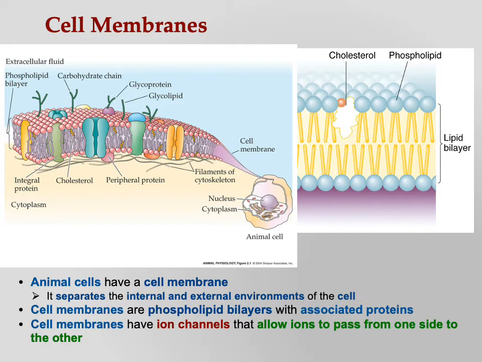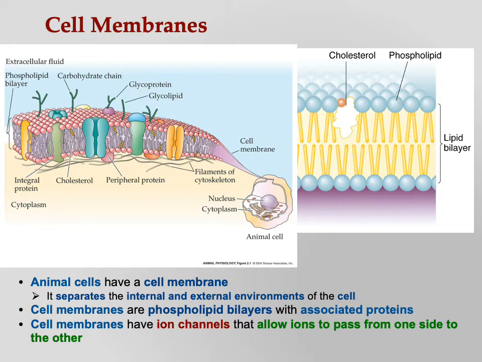So some things do have to get in or out, and so there are various kinds of pumps and transporters that allow things to intentionally get in or outside of the cell. Ions in particular, what we need to look at for the action potential. So remember, the main ions we need in this class: sodium, potassium, calcium, chloride.